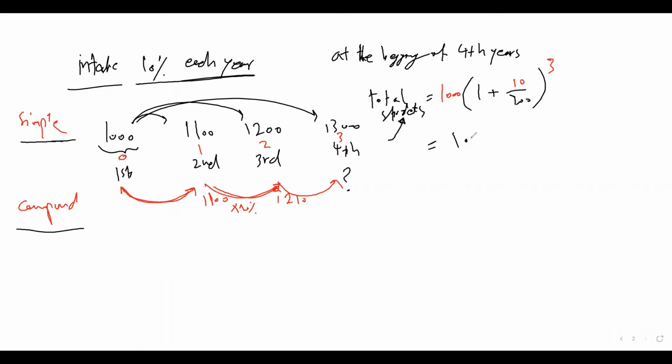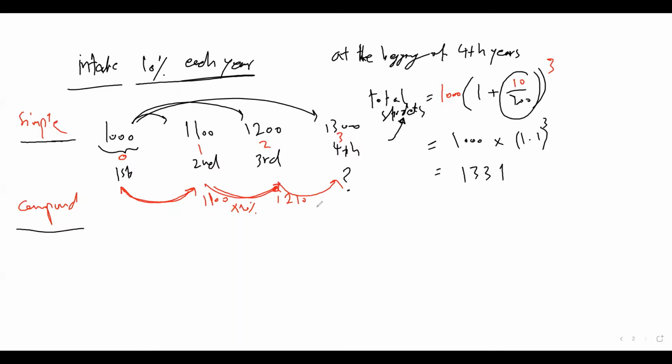All you have to do is multiply 1,000 by 1.1 raised to the power of 3, because this is 0.1, and when you add 1, you get 1.1 raised to the power of 3. You can key it in your calculator, and the answer would be 1,331 students.